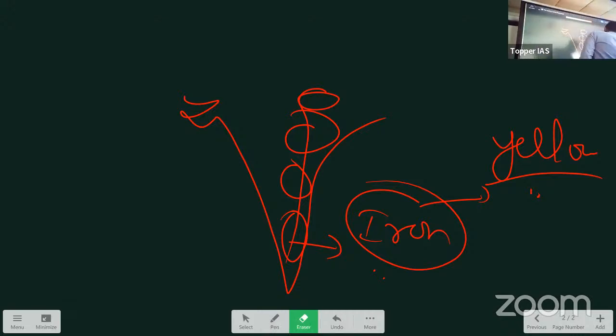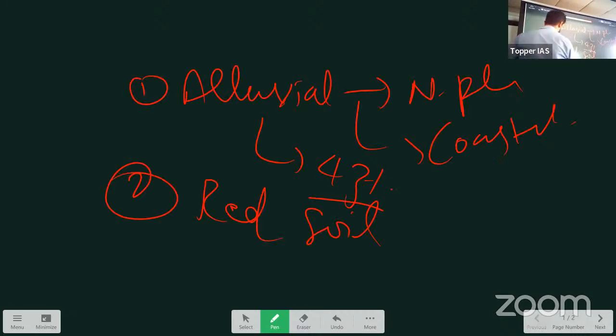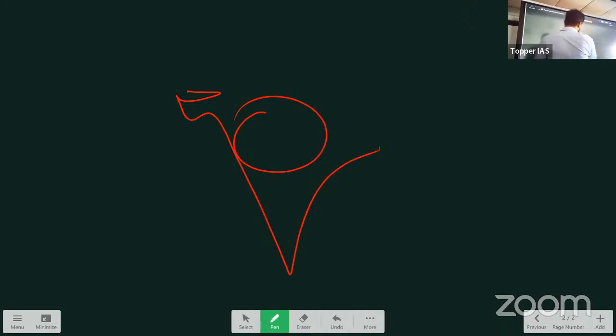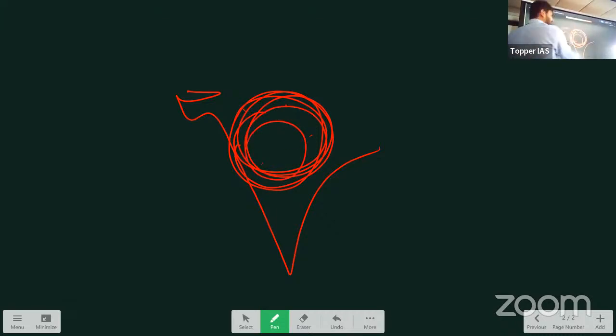So the third type of soil is what? Tell me, which is the third? Black soil. Black soil, you already know the Deccan Plateau, right? The Deccan Plateau is here in Maharashtra, parts of Madhya Pradesh, Gujarat, Telangana and Karnataka. This region is what? Deccan Plateau. This Deccan Plateau is a volcanic plateau, made up of basalt rocks.